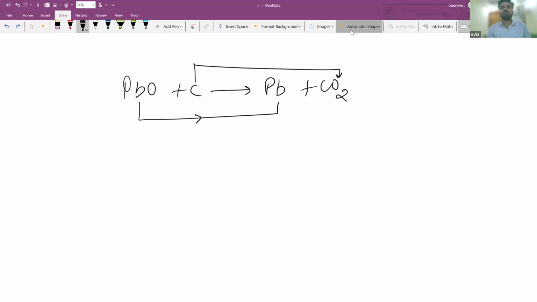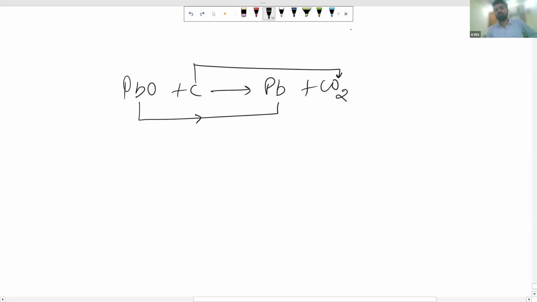Here you will notice that from PbO to Pb, what is happening? Oxygen is removed. The removal of oxygen is reduction.